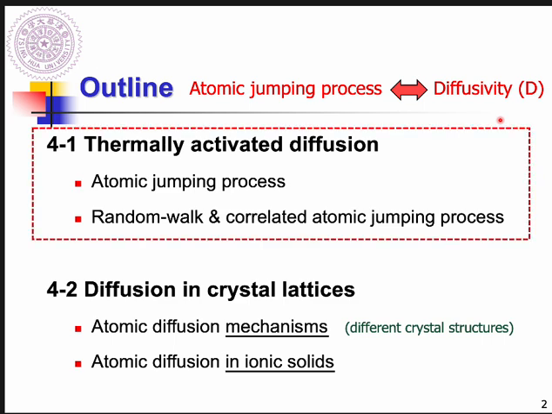So we start from the first section, thermally activated diffusion, which means that the atomic diffusion process is driven by thermal energy. So I'm going to introduce the atomic jumping process, and then, under the random walk or correlated atomic jumping process, how to correlate this jumping process with the diffusivity.